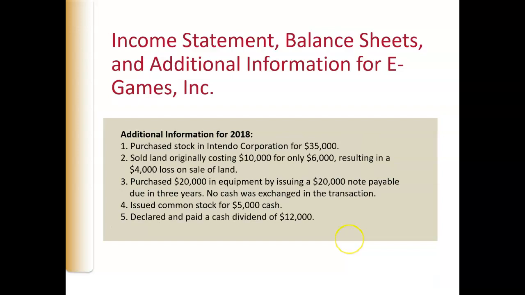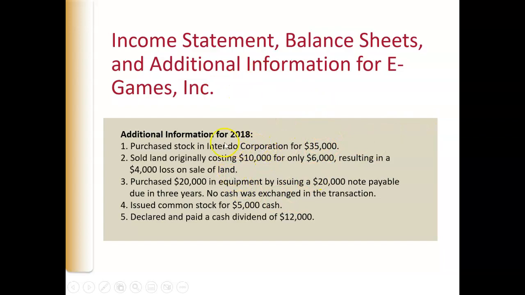Then we have some additional information. We purchased stock in Nintendo Corporation for $35,000. What is that, guys? When the company invests in another company. Investing. We sold land originally costing $10,000 for only $6,000, resulting in a $4,000 loss on the sale of land.